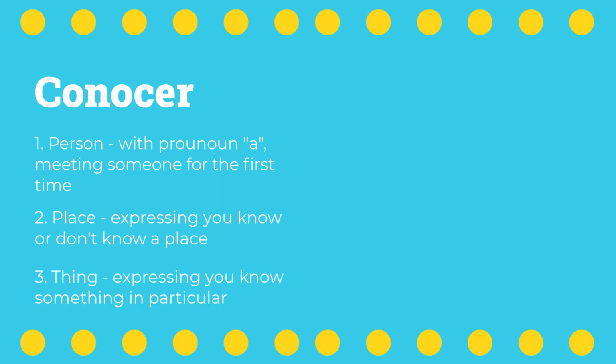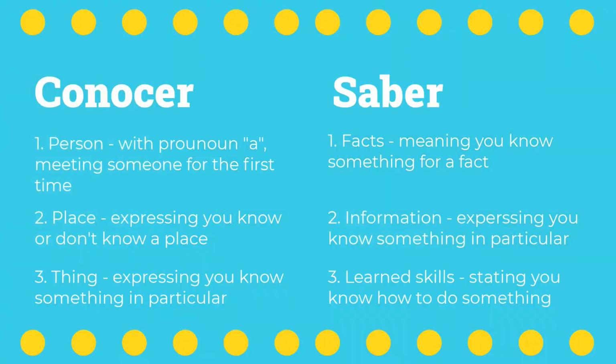And a thing, expressing you know something in particular. So for conocer, we have person, place, and thing. And for the verb saber, we have facts. We use saber when we're talking about facts, when you know something for a fact. We use it when we're talking about information, so expressing that you know something in particular. And also for learned skills, so saying that you know how to do something in particular.